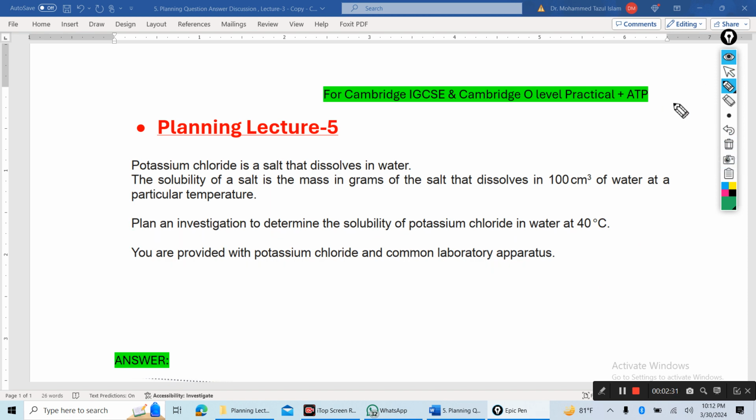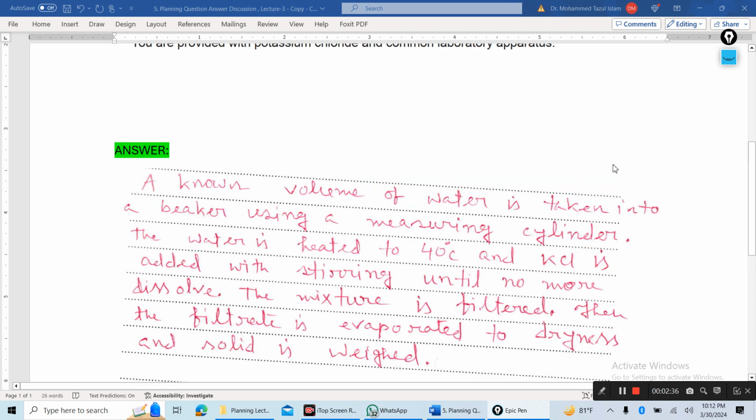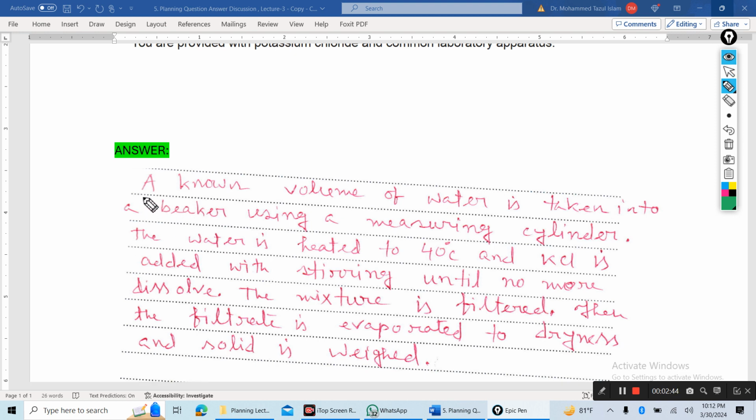Let's move. At first, a known volume of water, known volume means 100 centimeter cube or 50 centimeter cube, is taken into a beaker using a measuring cylinder.